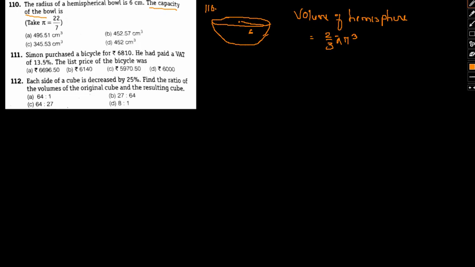So having said that, let's put in all the values. We have 2 by 3 into pi, which is 22 by 7 as given in the question, into 6 cube, that is 216. I hope this is clear.